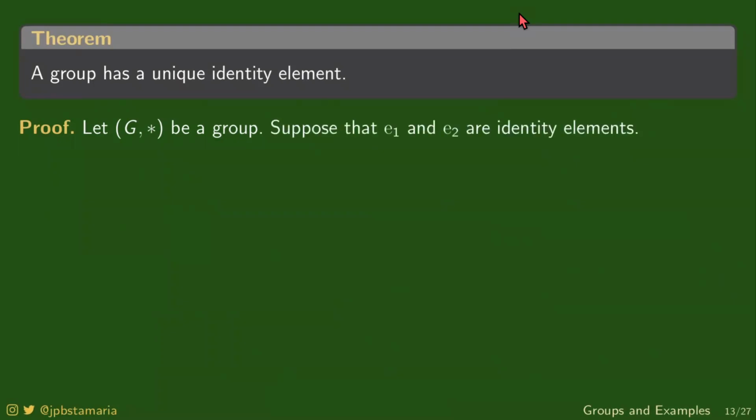So suppose natin that E1 and E2 are identity elements for G. Okay? So what do we have? Si E1 being the identity, it means to say that A times E1 is A for any A in G. Correct? That's just the definition of E1 as an identity element.